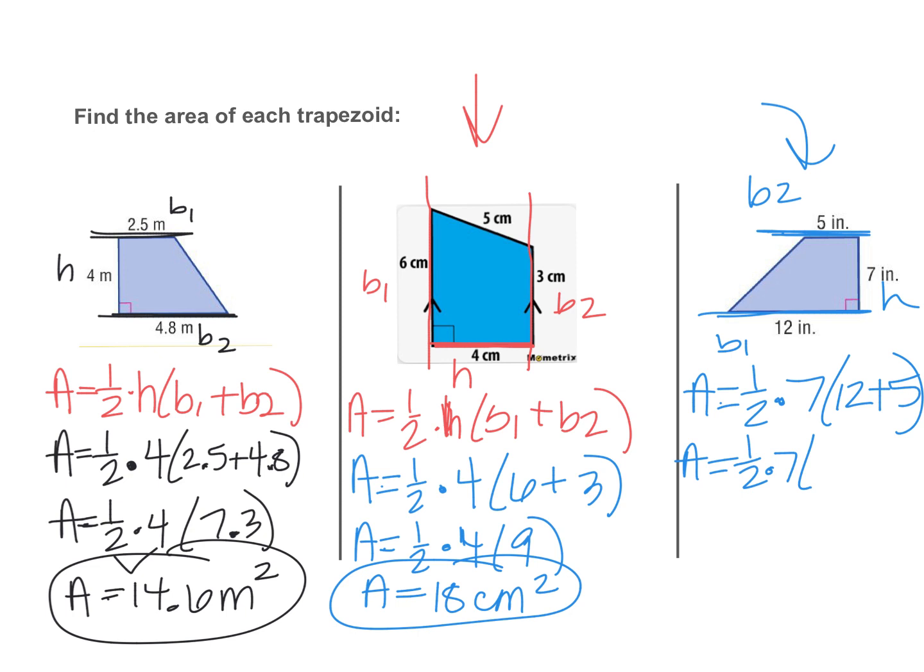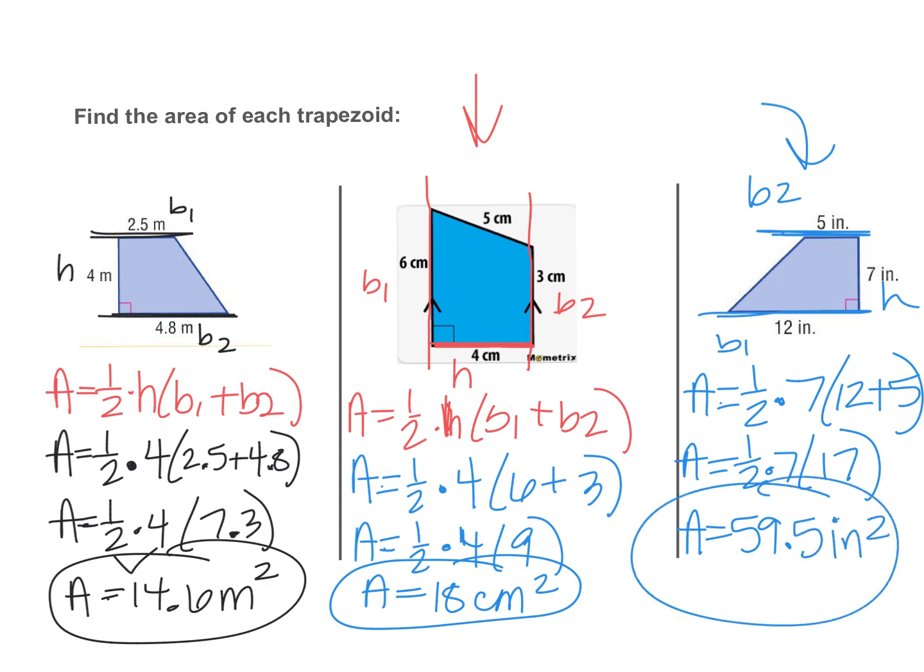And then 12 plus 5 is 17. So I know 1/2 of 7 is 3.5. So I'm going to do 3.5 times 17. And I get area equals 59.5 inches squared. So we always have A equals whatever the answer is with the label squared and then circled.